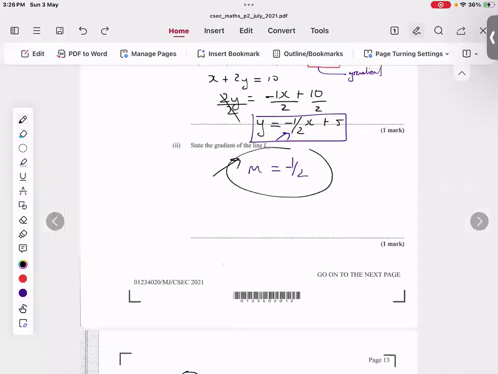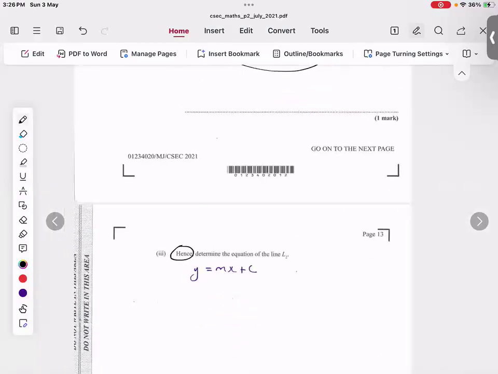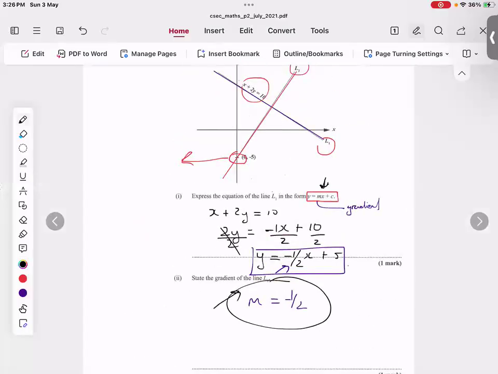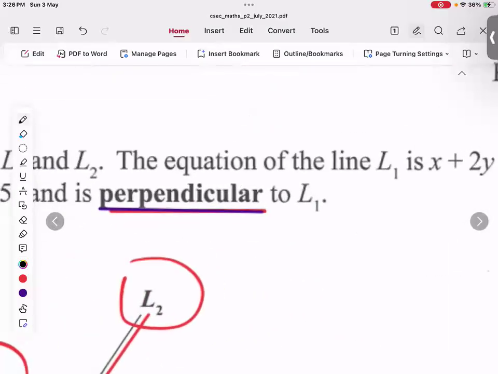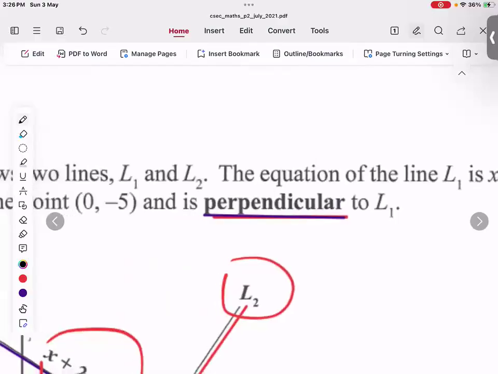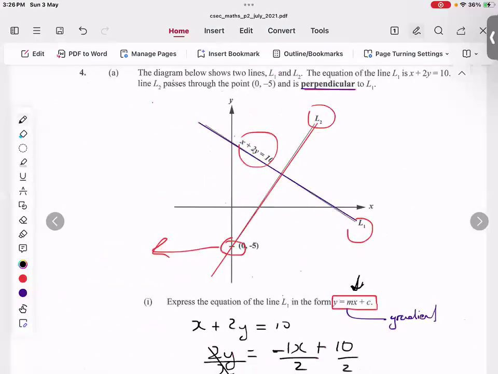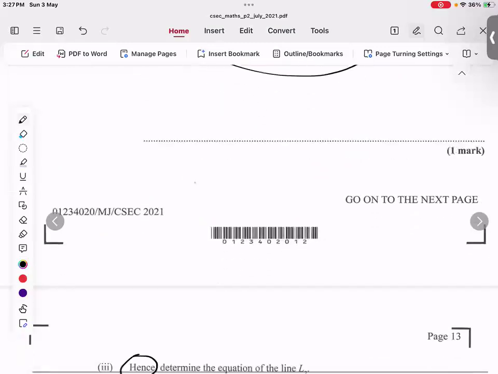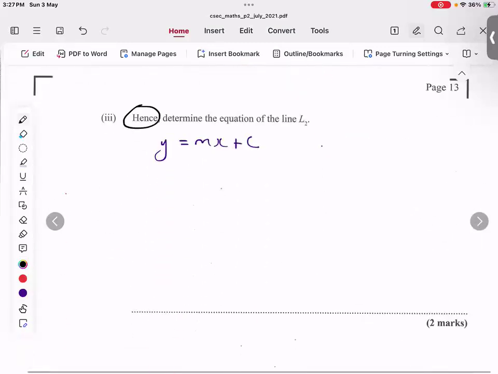As the information suggests, if two lines are perpendicular, here's the rule: the gradient of the second line, which in this case we're going to call M2, is equal to -1 divided by the gradient of the first line.